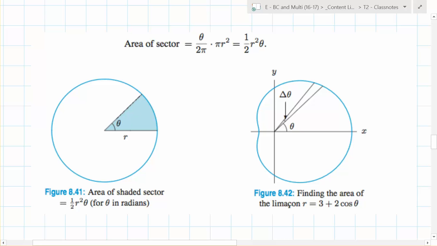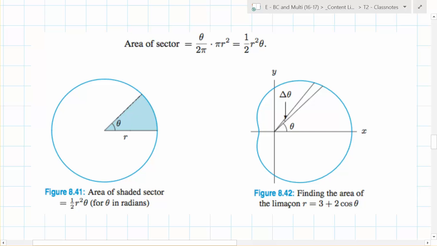But if we take really, really small theta values, how close together are the r values? Speak so that humans can hear you. Very close together, right? So if theta is really small, here's r1 and here's r2. How close are they going to be together? As we make theta infinitely small, r1 and r2 will get what? Infinitely close.